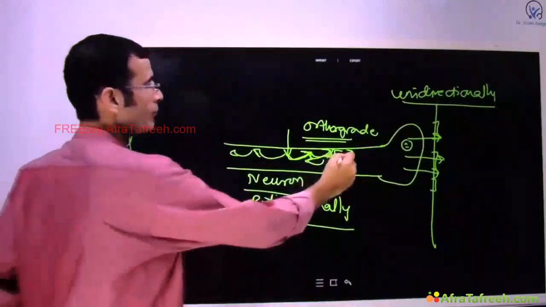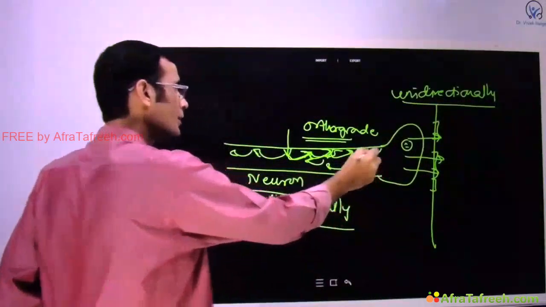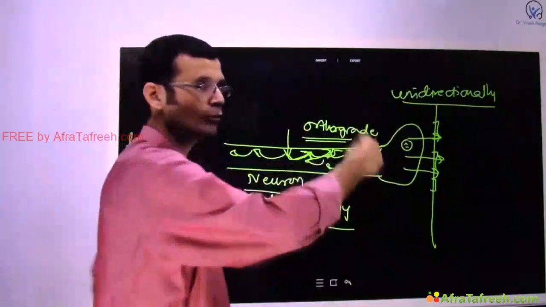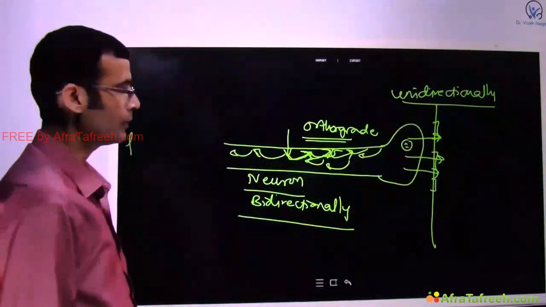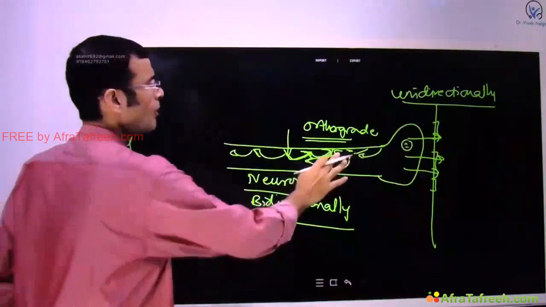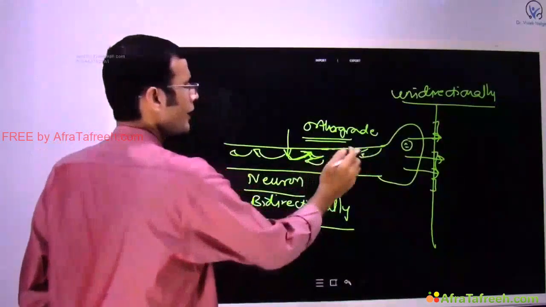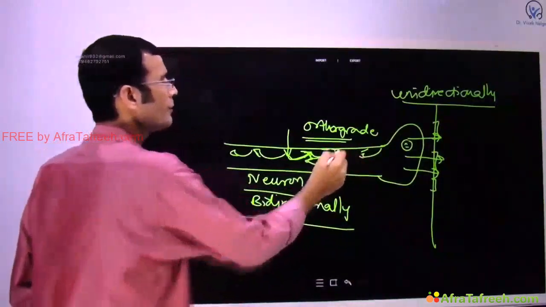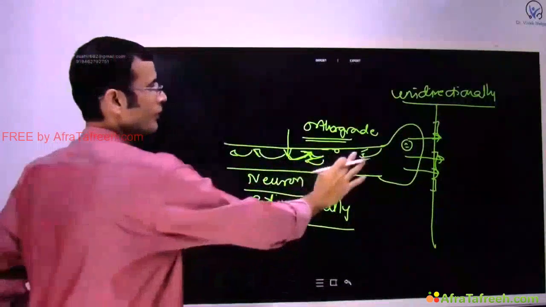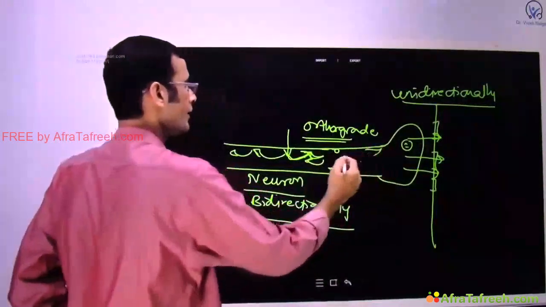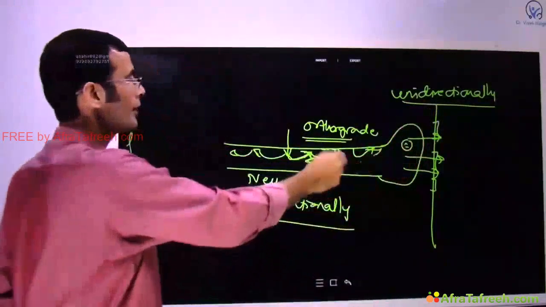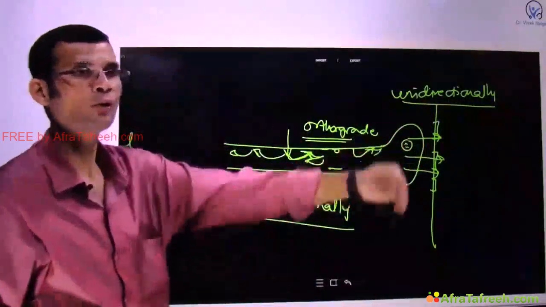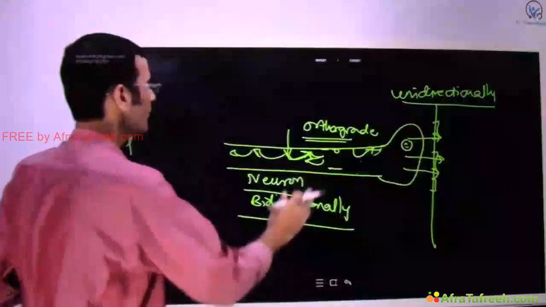Once it has taken up one direction, then it cannot excite the previous area. It has to go onward straight fashion. That's orthograde conduction of impulse. Why can it not come back to excite the previous area? Because the previous area will be still in the refractory period, whereas the next area is resting, and therefore the impulse has to go to the next resting area. It cannot come back. That's called orthograde, onward straight conduction.